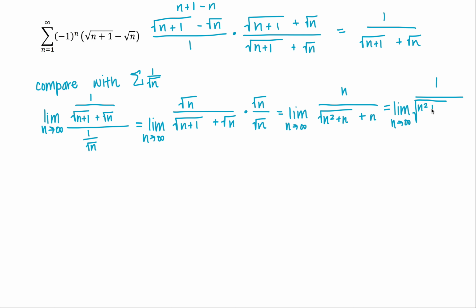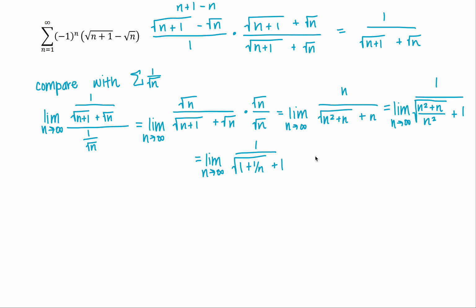So I'm going to have the square root of n squared plus n over n squared down here. This will be plus 1. Because again, dividing by n is the same thing as dividing by the square root of n squared. Inside that radical, I've now got the square root of 1 plus 1 over n.